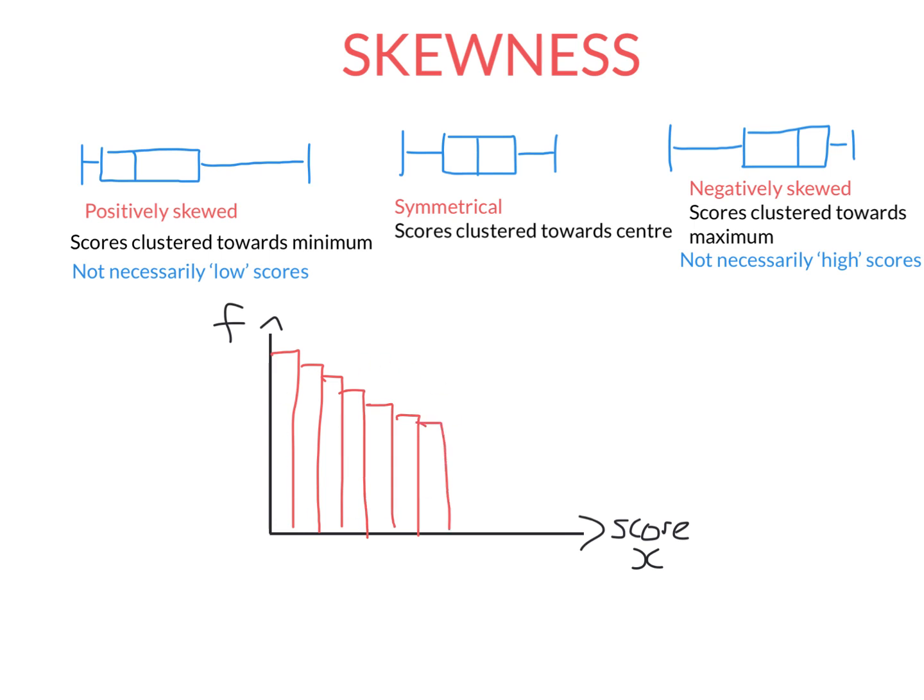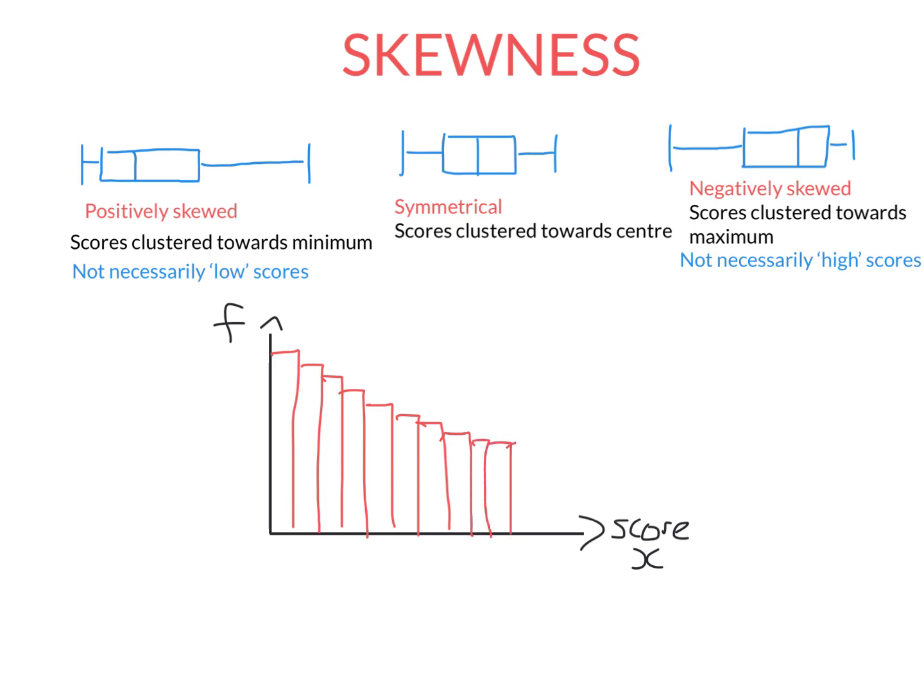So this represents 50% of the scores. But then from here to here, which is a slightly larger range still, this still represents 25% of the scores, but because it's over a larger range, we'll still have a lot of scores, but the bars won't be as high.